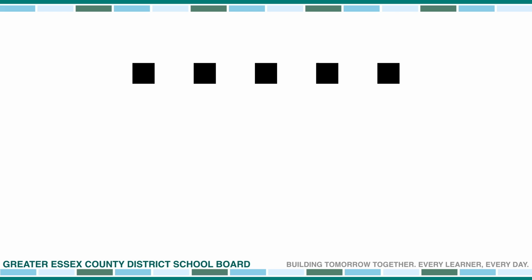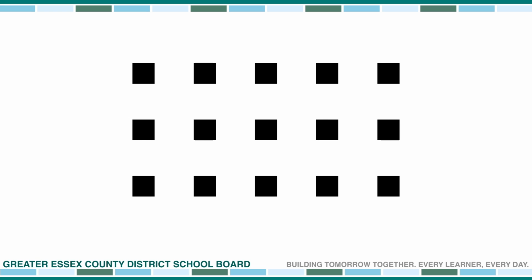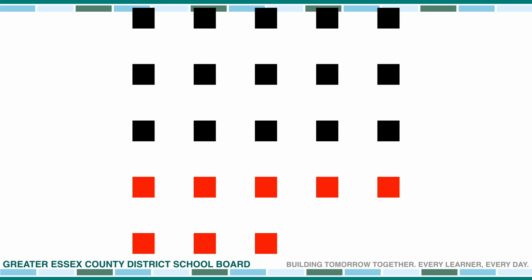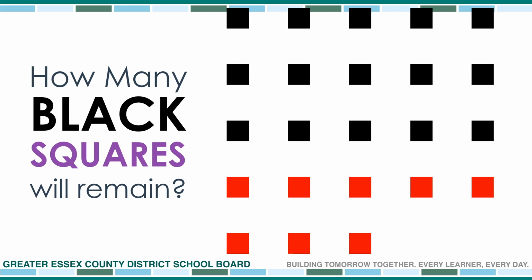Pretty easy, right? What you're seeing here when we do this activity is you're actually experiencing what we call the zero principle. And when we look at these dots and we try to determine how many will remain, in this particular case, it really doesn't matter what the black squares or the red squares represent, as long as we get this understanding that one is going to be this thing we call positive numbers, and the other is going to represent negative or removal, or the fact that it's the opposite of the positive.